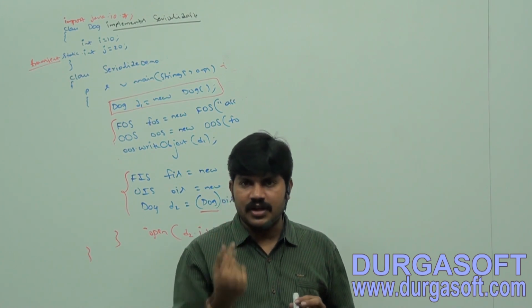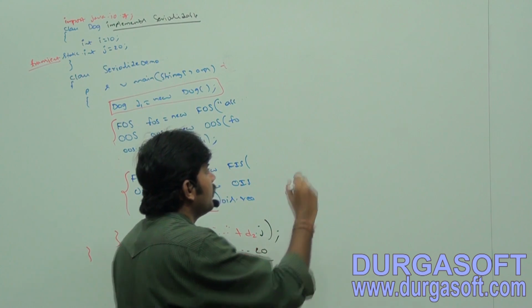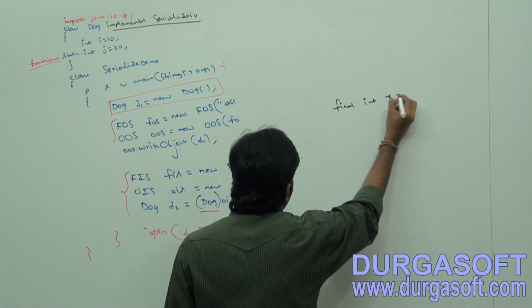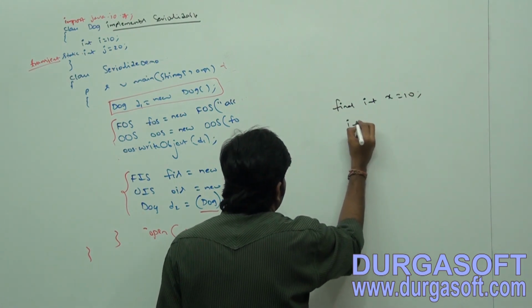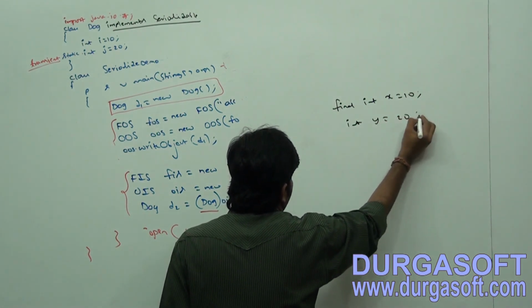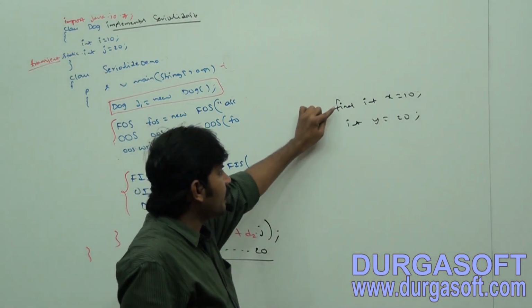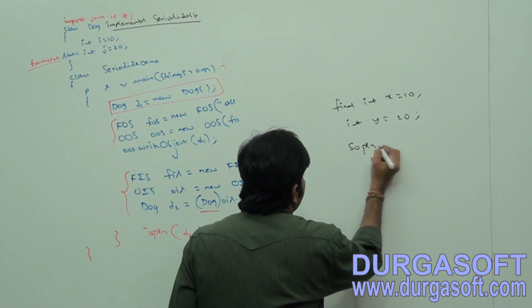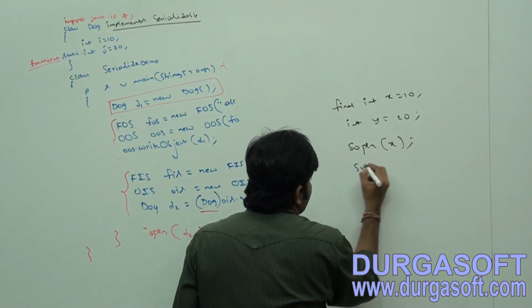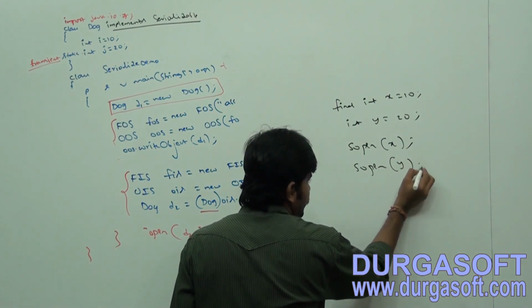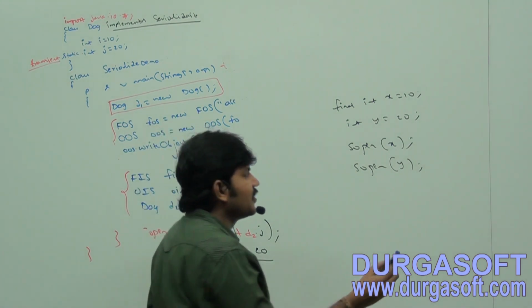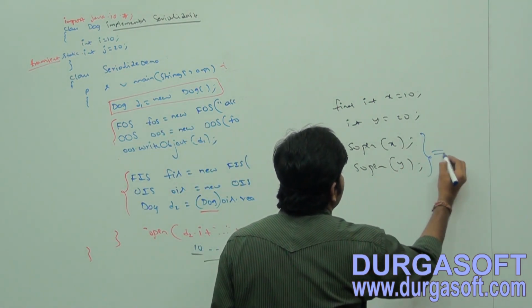In the last class, I covered this somewhere in the operators. Now observe. Sir, I have final int x = 10, int y = 20. One final variable, one normal variable. System.out.println of x, println of y. Do you know, after compilation, how these two lines will become?